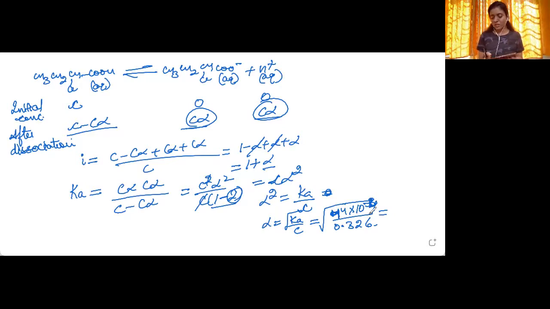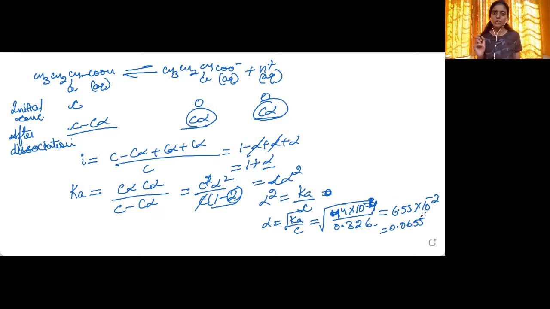To make it simple, I'm taking it like this. So 14 divided by 0.326, now we need to take the root of it. It's coming out to be equal to 6.55 into 10 raised to the power minus 2, or I can just write 0.0655. This is the value for alpha.